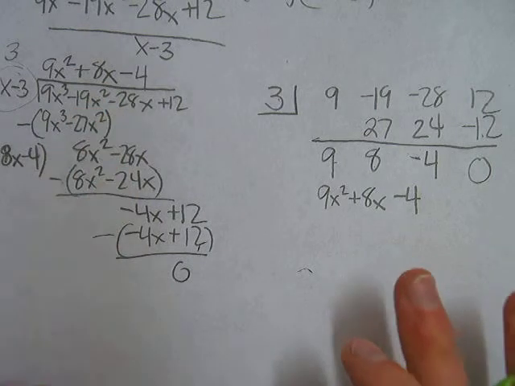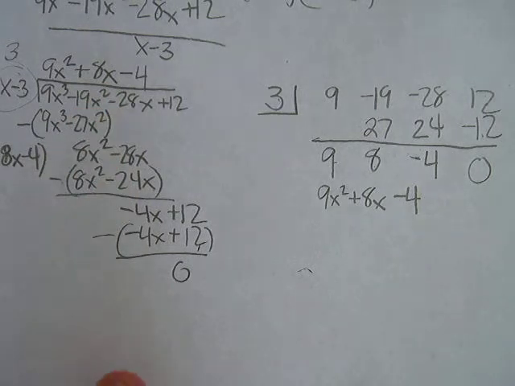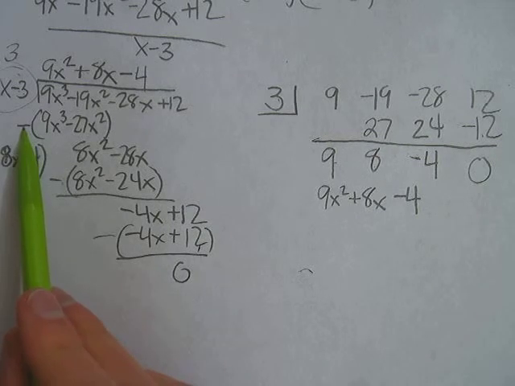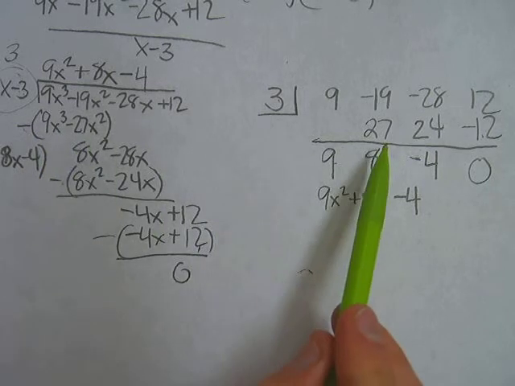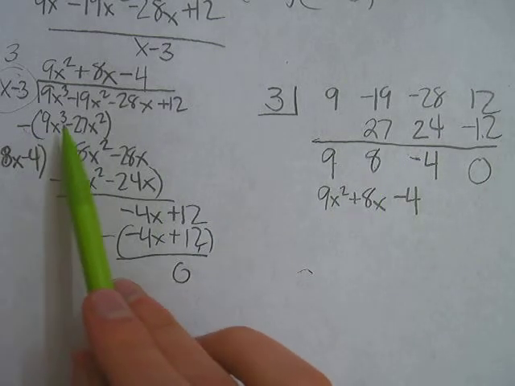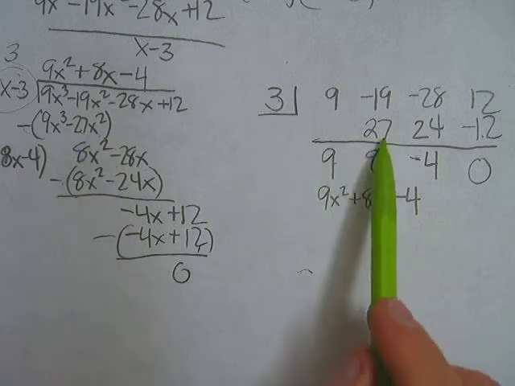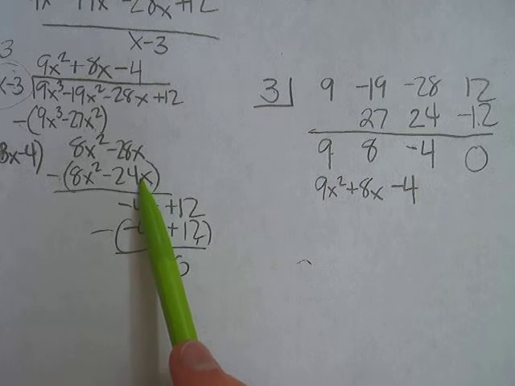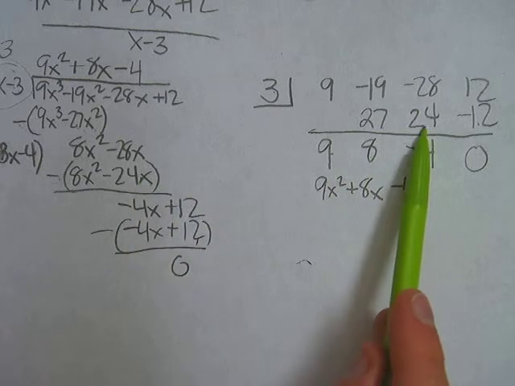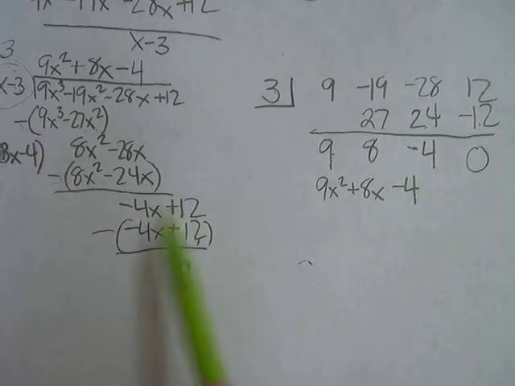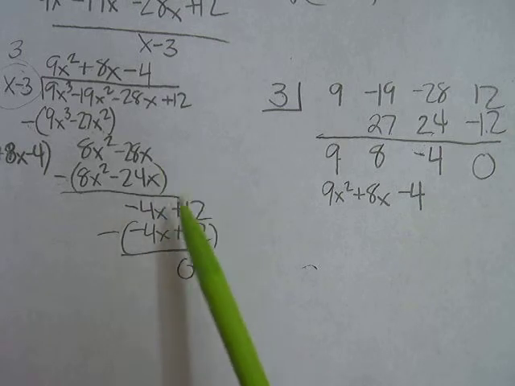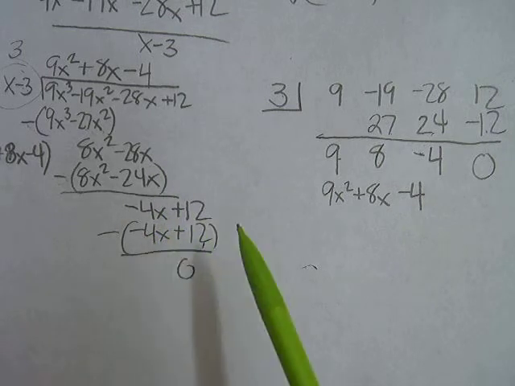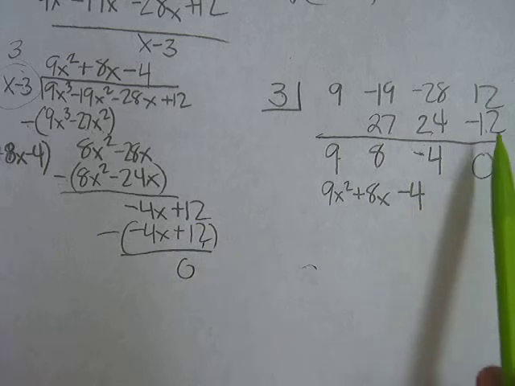So, pretty cool. Also, if you notice, do some sleuthing here to show that these are basically the same method. Notice here we added 27x. Oh, 27x, or x squared. Oh, 27, 27. In this step, when we multiplied through, we got a plus 24x. Oh. And here, when we multiplied through, we got our negative 12, which is this guy right here.